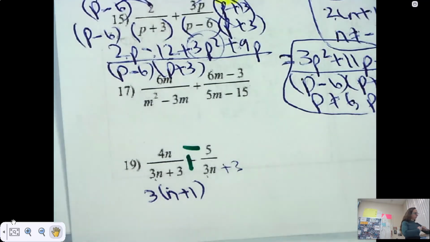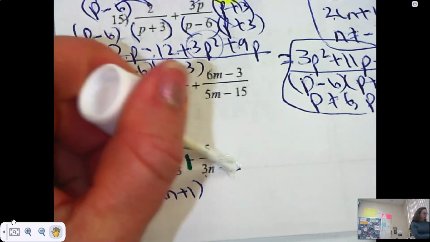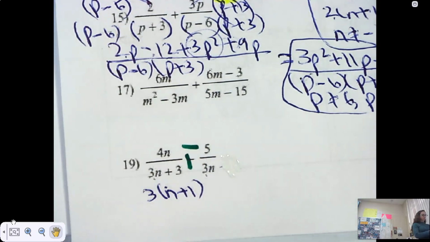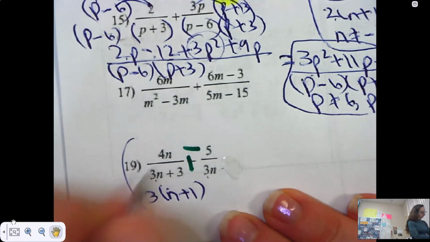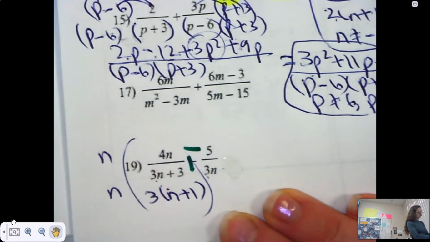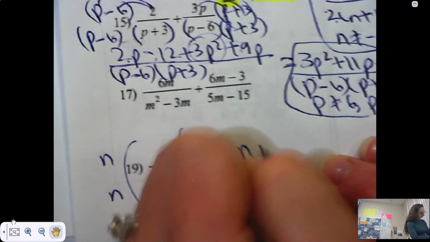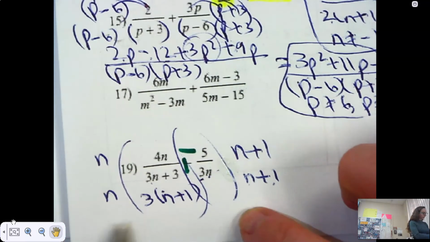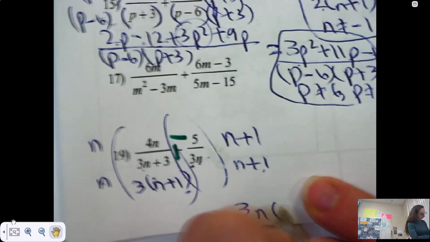Okay, so I should have had white out for that. So if you look in the bottom first one, the 3 is being multiplied. In the bottom second one, the 3 is being multiplied. So they both have a 3. That means you have to give this one an n, and you have to give this one an n plus 1. Now look, 3n, n plus 1. 3n, n plus 1. So now I have my denominator.